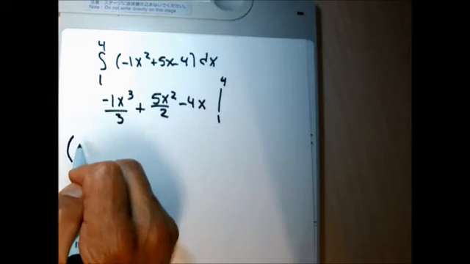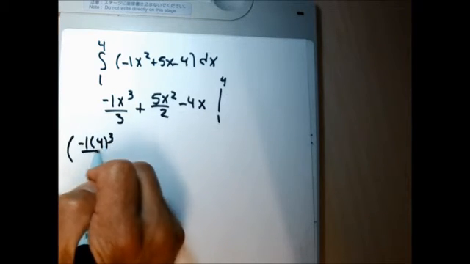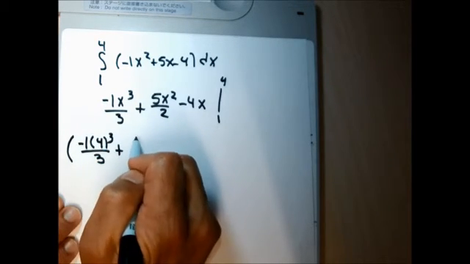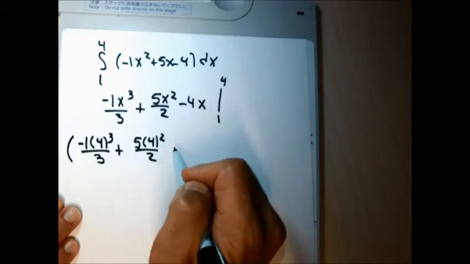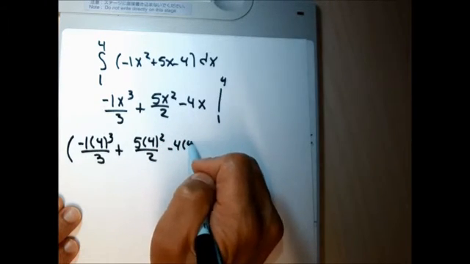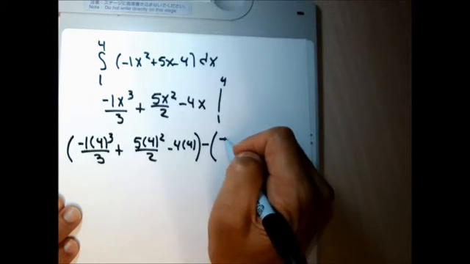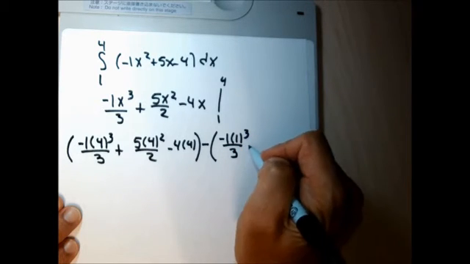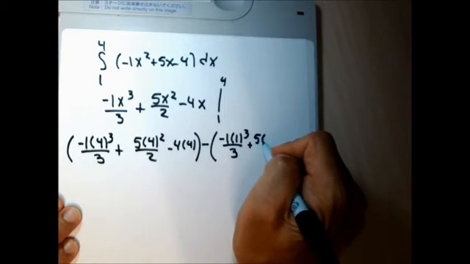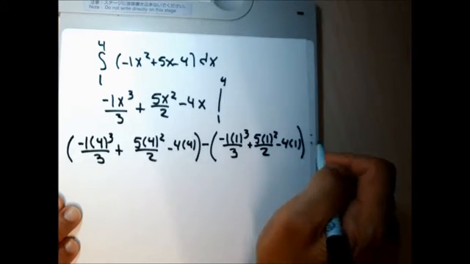So I'm going to go negative 1 times 4 cubed over 3 plus 5 times 4 squared over 2 minus 4 times 4. Put my minus sign, parentheses, negative 1 times 1 cubed over 3 plus 5 times 1 squared over 2 minus 4 times 1.